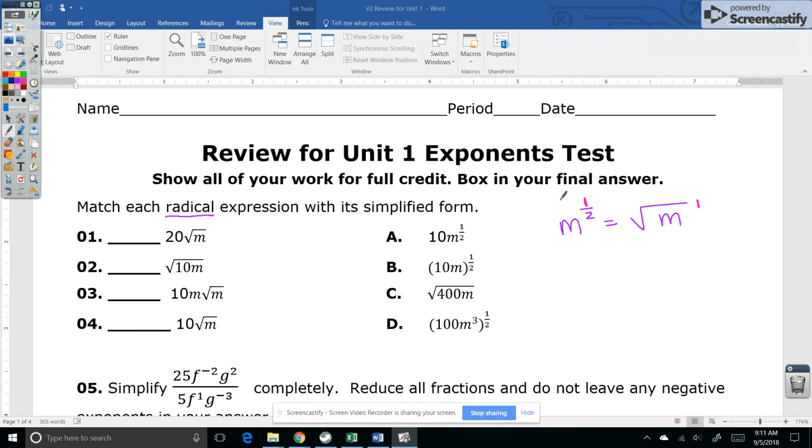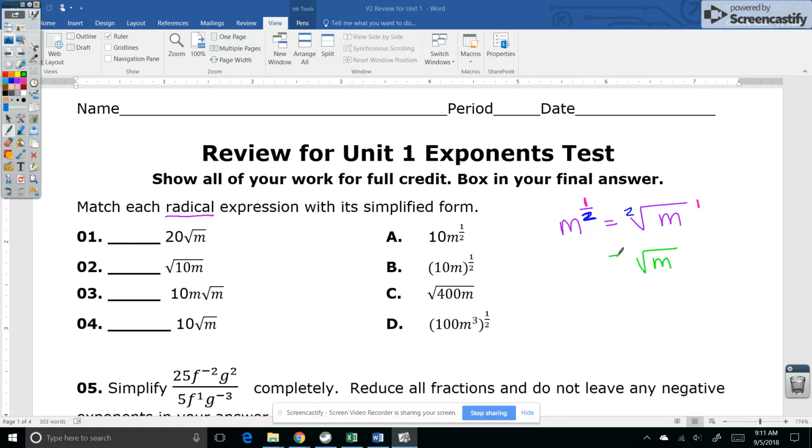The denominator of my fraction becomes the index. Now, when I write a square root, if I don't see an index there, I assume it's a 2. And same thing with this exponent of a 1. I usually don't write an exponent of a 1. If I don't see an exponent there, I assume it's a 1.